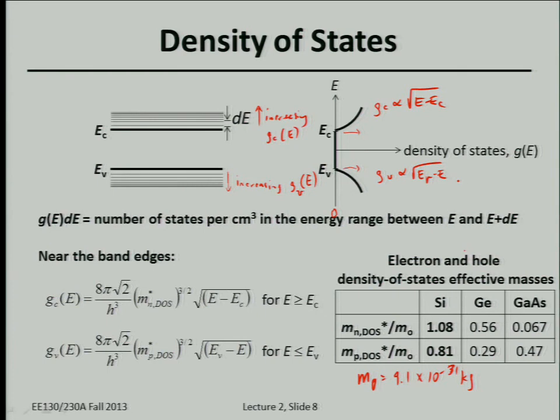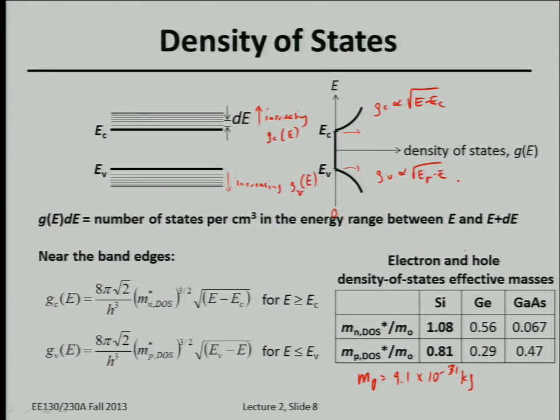Okay? So this is a geometrical average. You take the product of the effective masses in the three x, y, z crystalline directions, and you take the cube root, essentially, to get this effective density of states for the semiconductor.